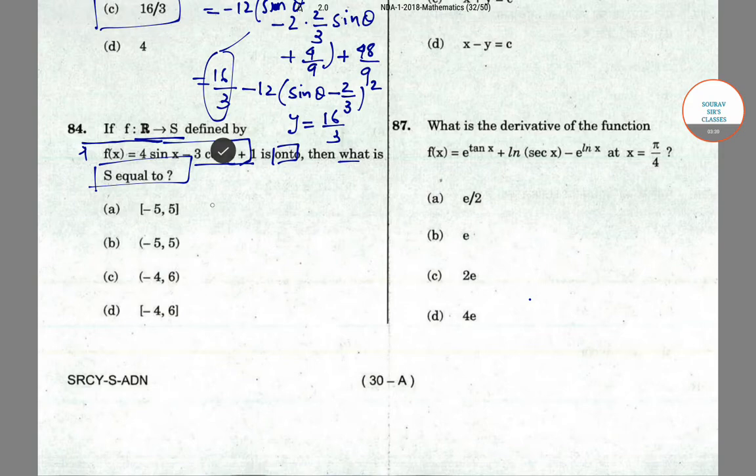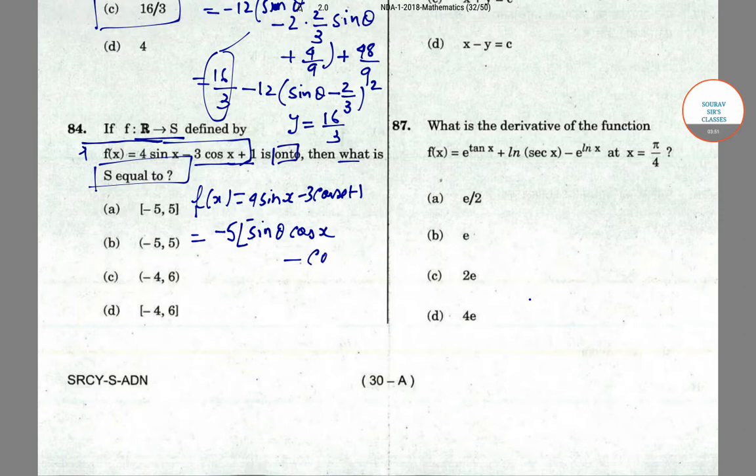For this, we know the function of x is basically given by 4 sin x minus 3 cos x plus 1. Now if you multiply it with minus 5, it will be sin theta cos x minus cos theta sin x plus 1.